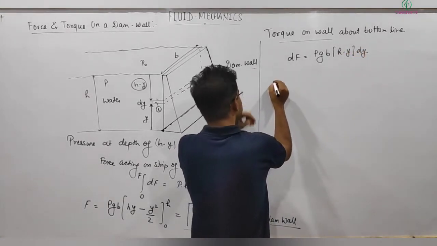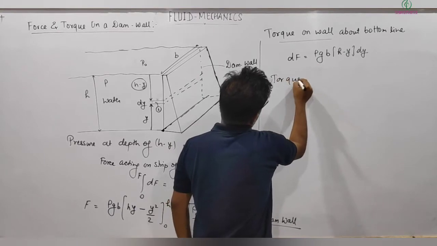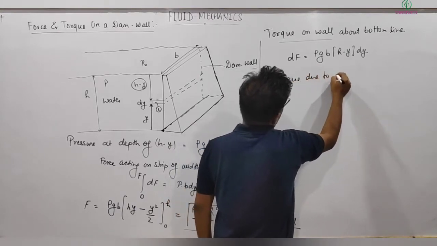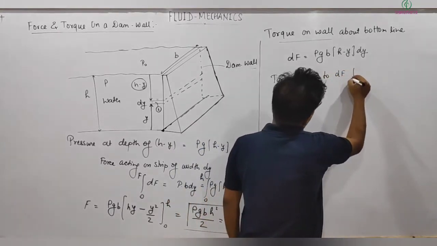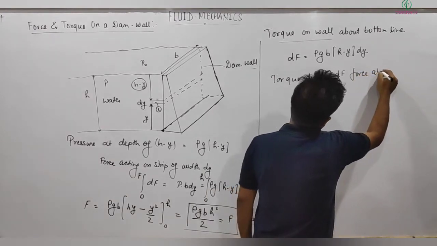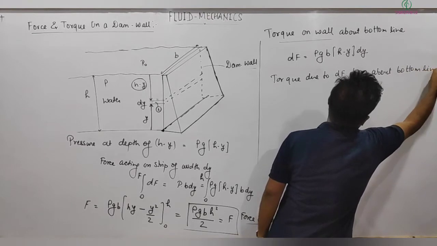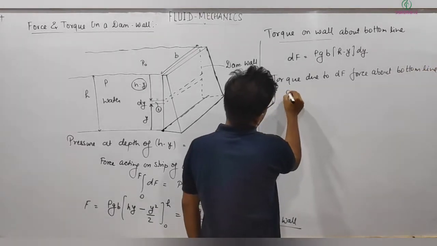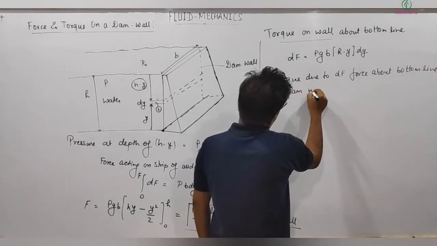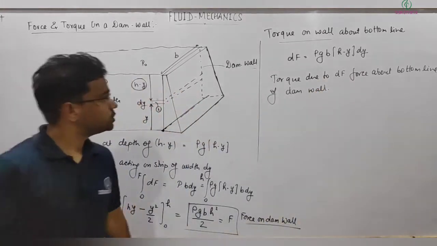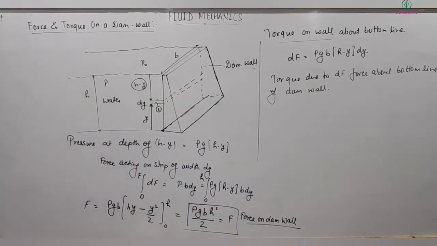Then torque due to dF force about the bottom line of the dam wall can be written as dF multiplied by distance, that is y.